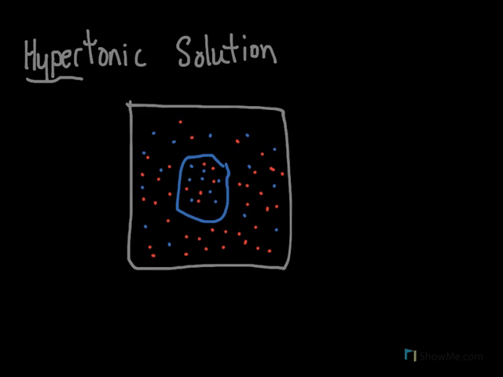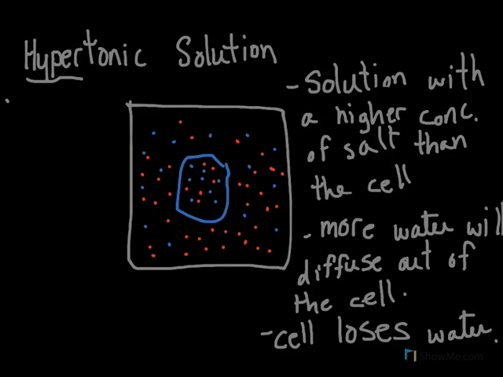And so what's going to happen is water is going to have a greater tendency to leave the cell than enter the cell. Okay, so in a hypertonic solution, remember we said the solution has a higher concentration of salt than what is in the cell. So this solution right here, we have higher amounts of salt.